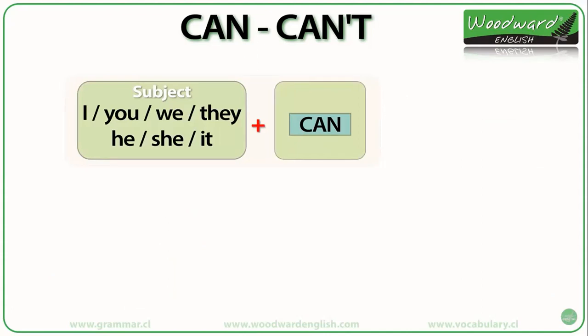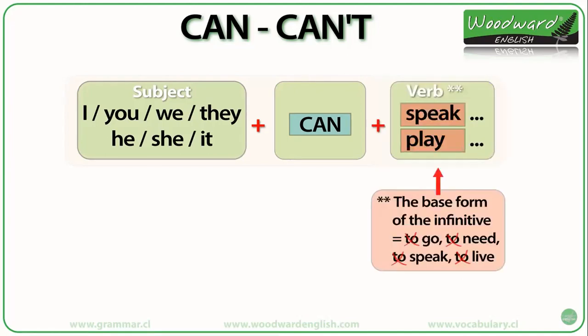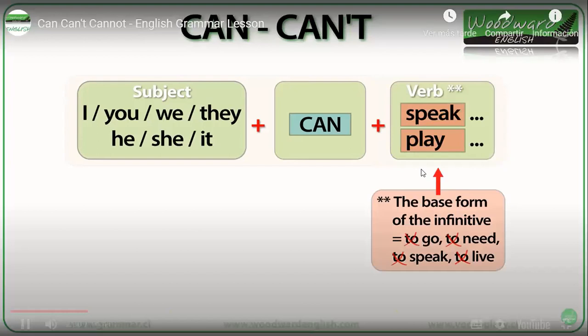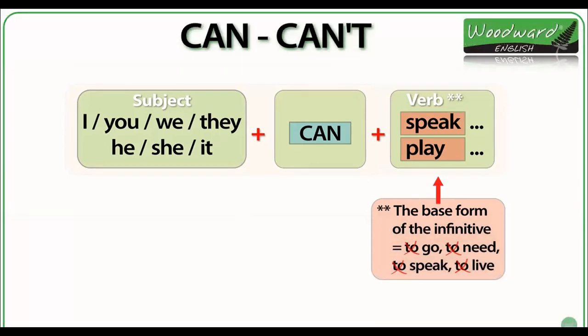Here we have the grammatical structure to make statements in the affirmative: subject plus can plus the verb and a complement. There's no "is", and with the base form of the infinitive we do not use "to". We just omit it, or drop it. We just use go, eat, speak, live, and we don't use the third person singular ending on the verbs.